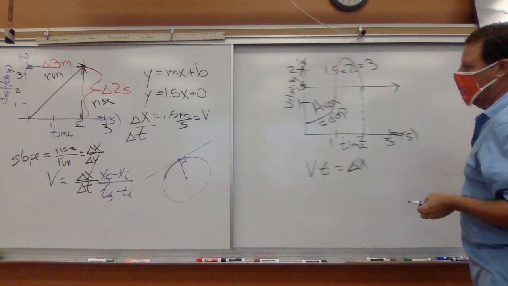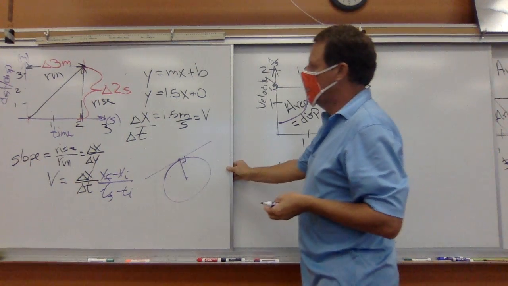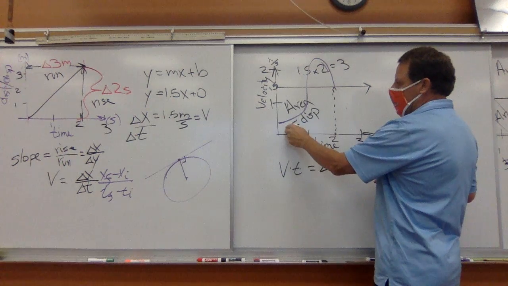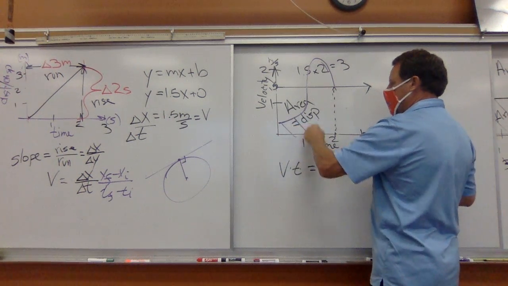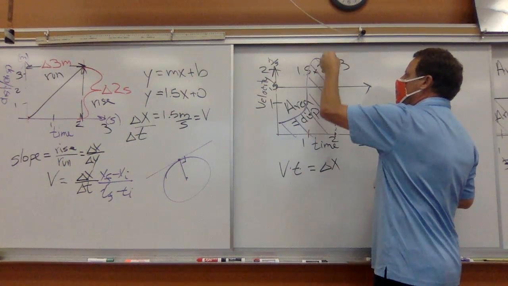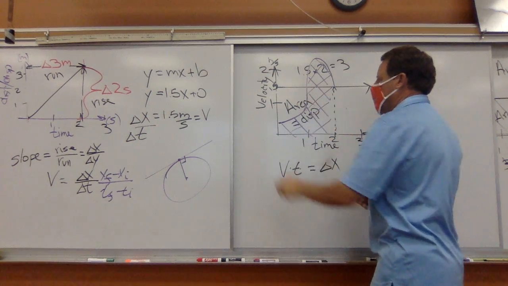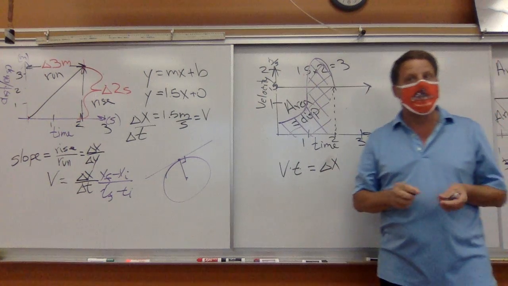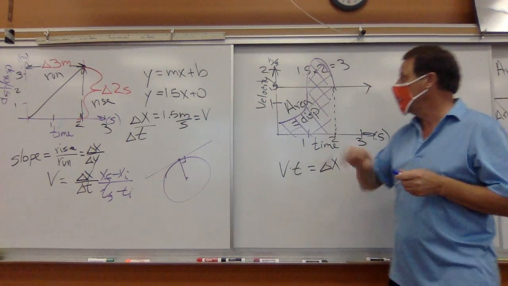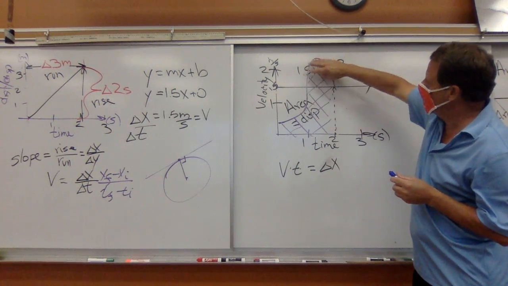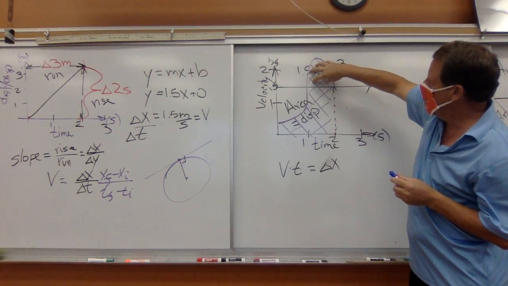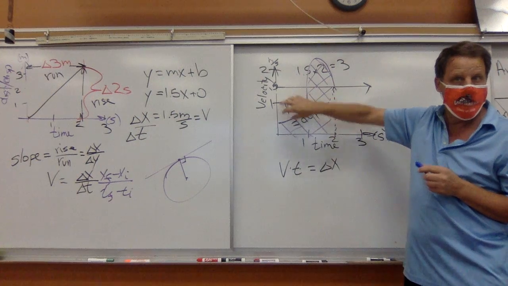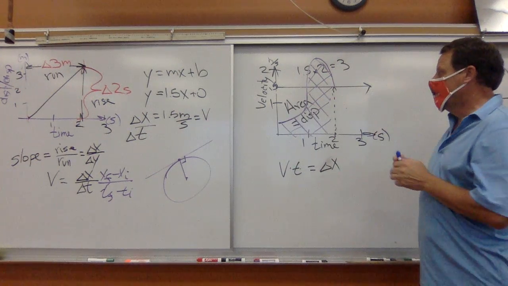Regardless, if we take the area of this purple, then that area is going to be 3. And you can see here that this hump over here is about the same area as this missing piece right here. Does that make sense?